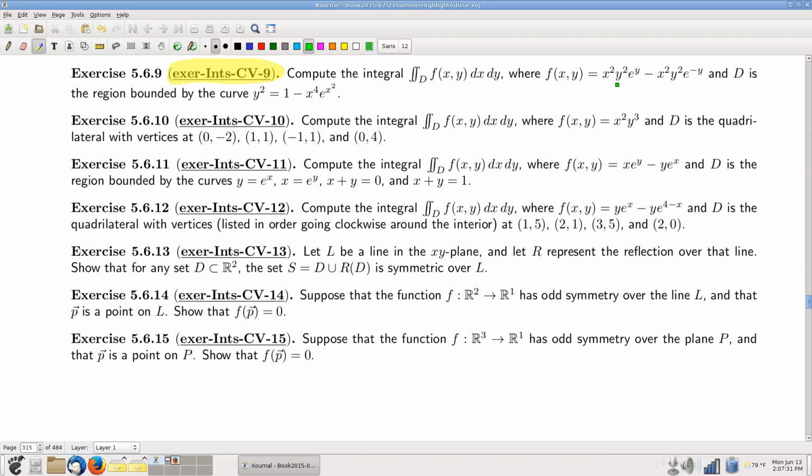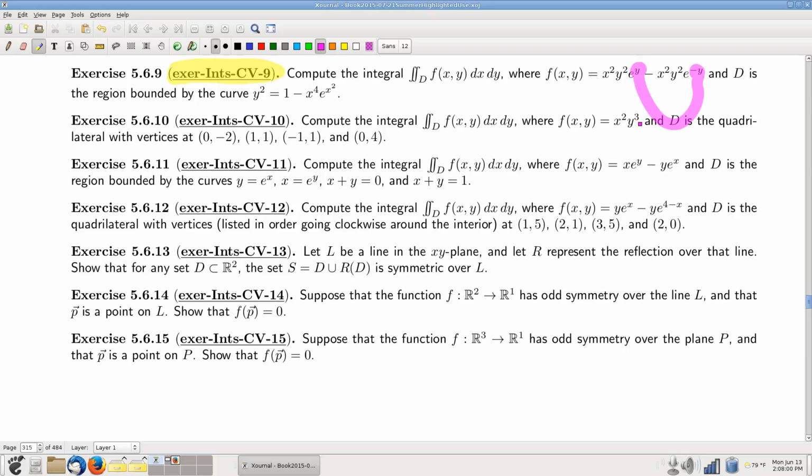Now, looking at the function, I notice that there are some potentially very useful minus signs there and there, right? In particular, if I replace y with negative y, I see something interesting is going to happen.